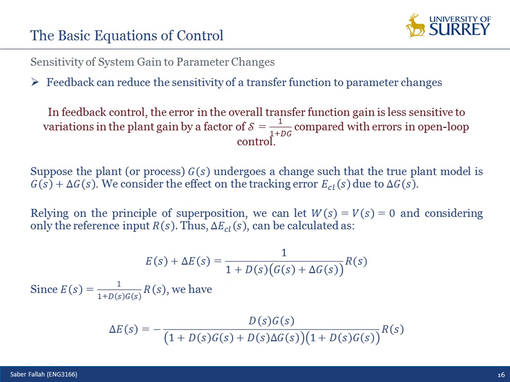So if I substitute here, delta E will be this transfer function. I put E(s) equal to 1 over 1 plus DG, took it to the right hand side, and did subtraction from that transfer function. So delta E(s) will be this nice transfer function.